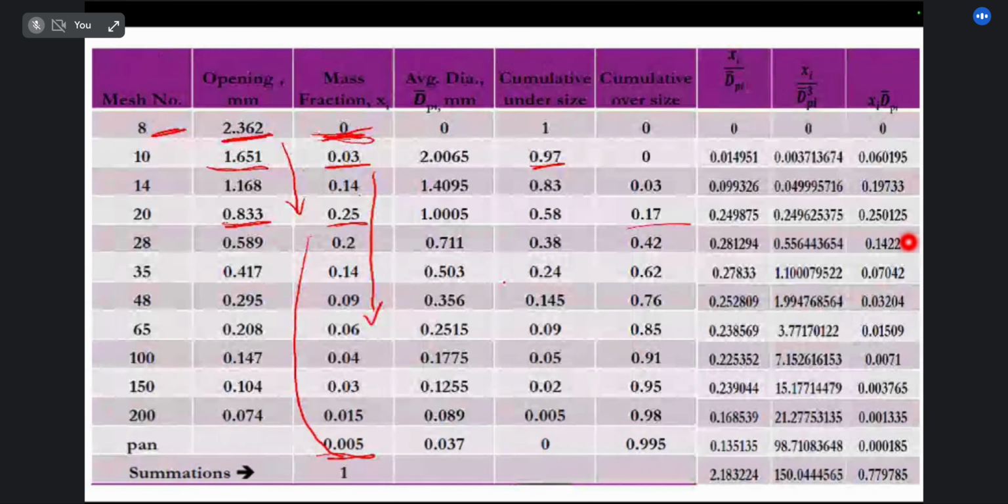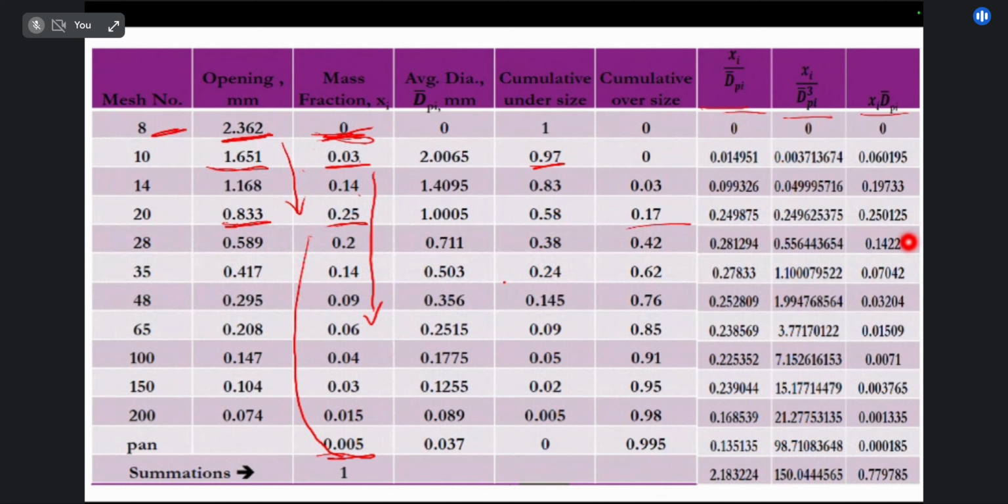Now for the different diameter calculations, we need to calculate xi by dpi and xi by dpi cube, because all these things are there in the equations. So when we form the table, we need to add some columns like xi by dpi, xi by dpi cube, and xi into dpi. Xi into dpi is for the mass mean diameter, and this is for the volume mean. This is the volume surface mean diameter.